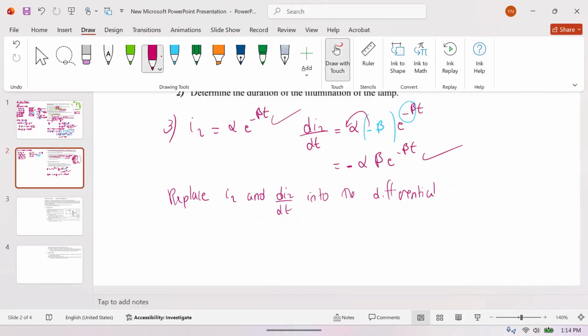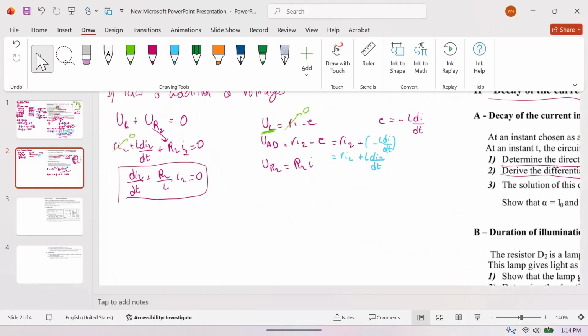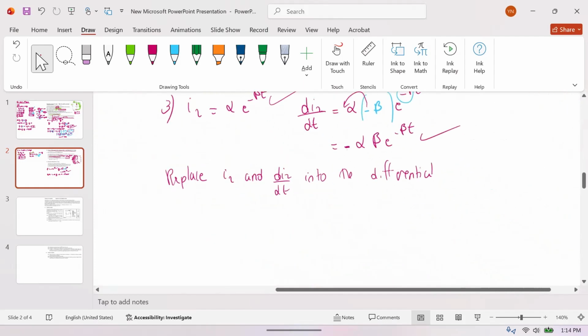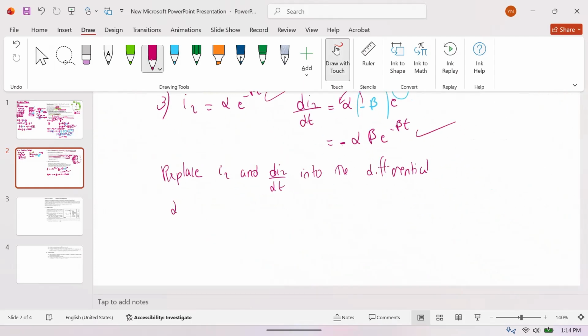So the differential equation is di2 over dt plus R2 over L I2. Now we replace them. The first is the derivative, which is minus alpha beta e to the minus beta t.